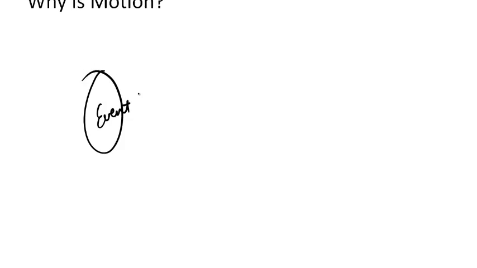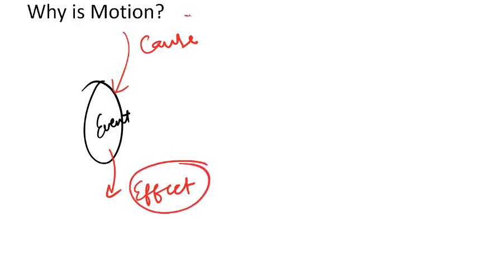The goal of physics is to find what is the cause of the event, and also to find what will be the effect of it. And this is what we call the principle of causality. So every event that takes place has a cause and has its effect.